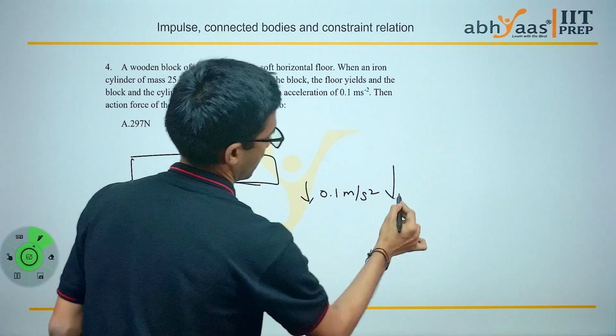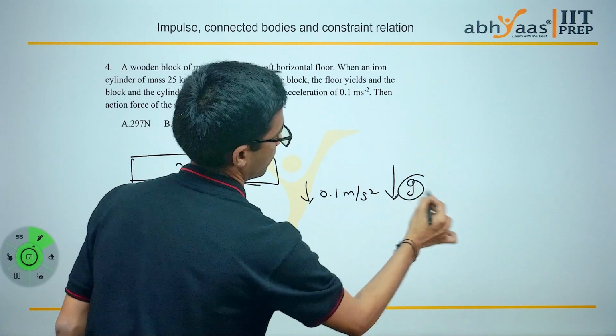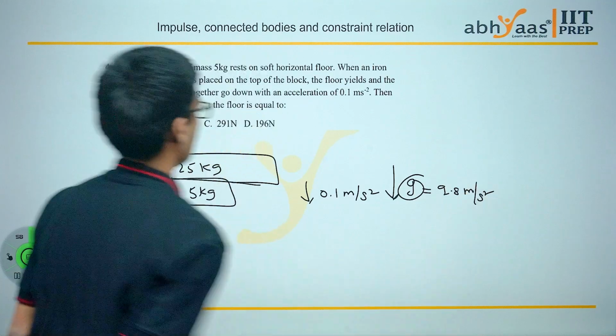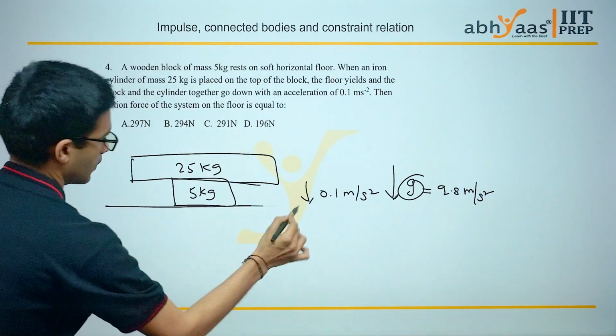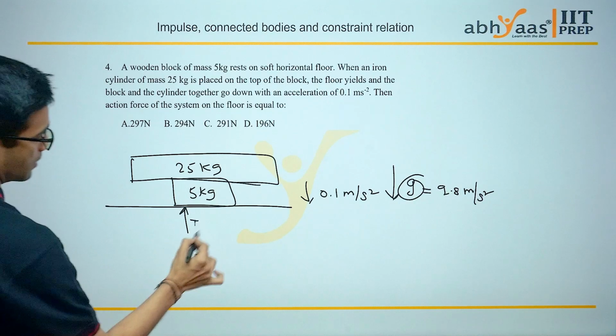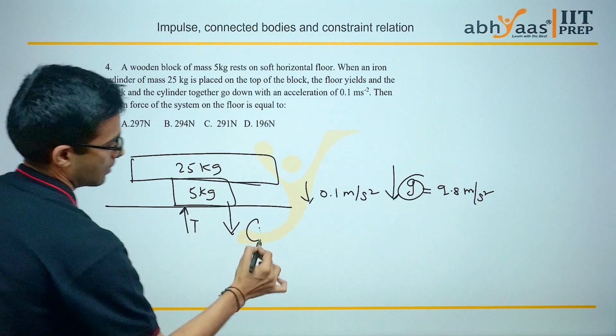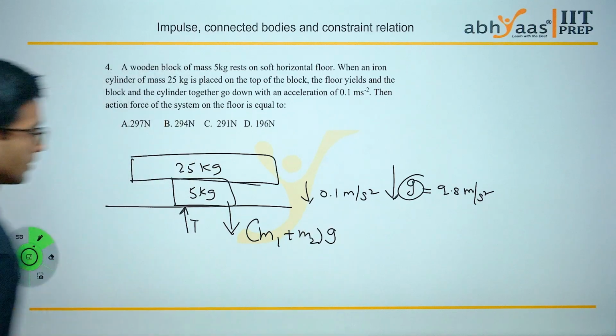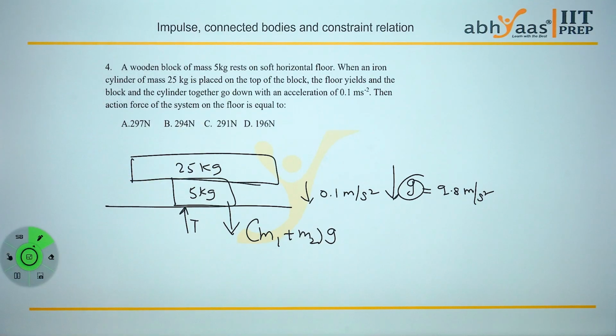And we also have g, that is 9.8 meter per second square. Okay, so when it is going like this, that means there we have a tension and system is having m1 plus m2 into g. Okay, so here what he is asking, action force.